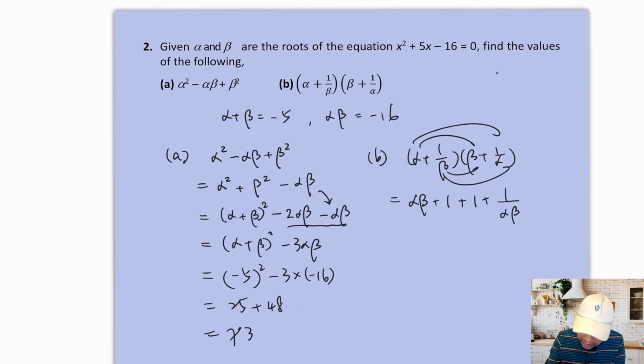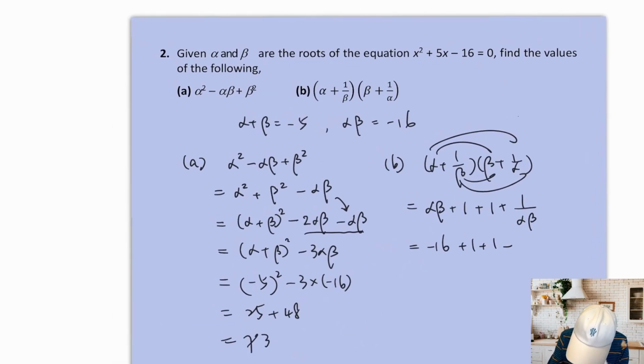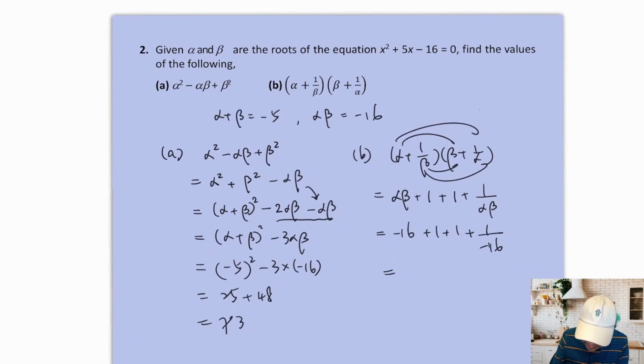Pay attention that 1 over beta times 1 over alpha becomes 1 over alpha beta, plus 1 over negative 16. So we have negative 14 minus 1 over 16. So the answer is negative 14 and 1 over 16.